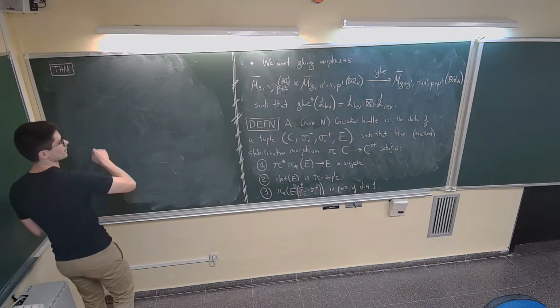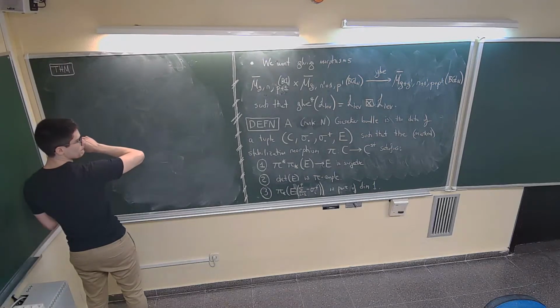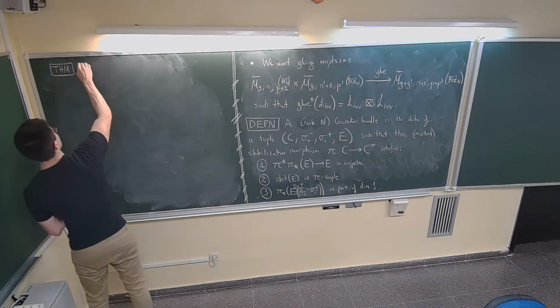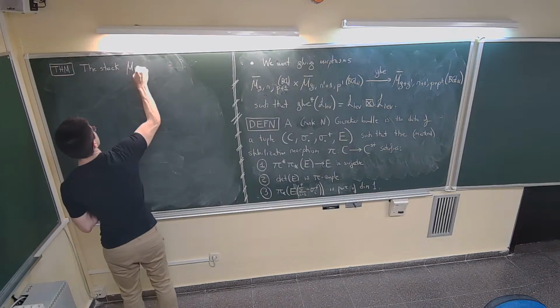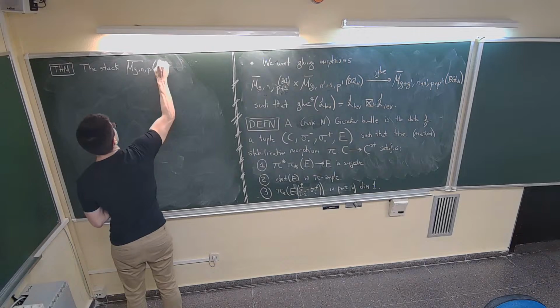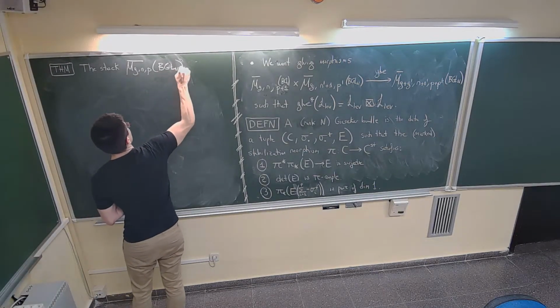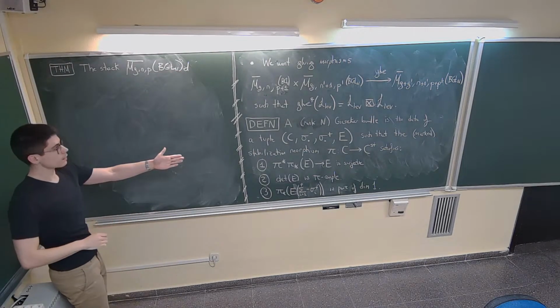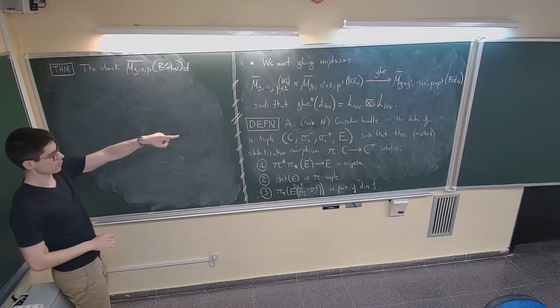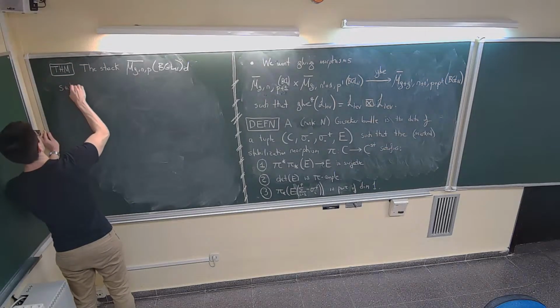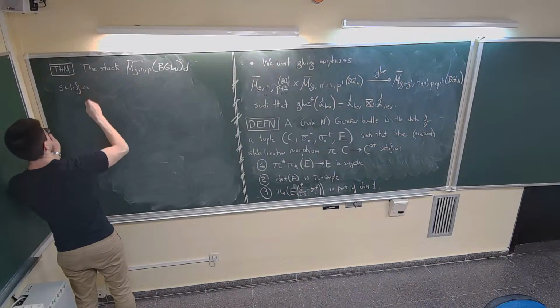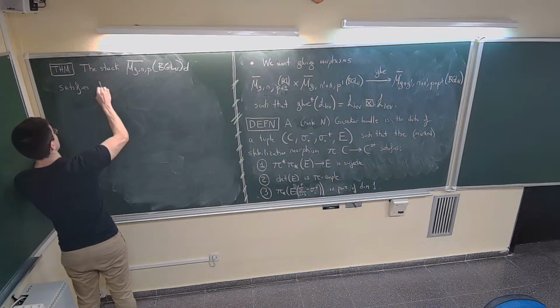But the main theorem is that the stack of Gieseker vector bundles of degree D, so I require that E has degree D, satisfies the two conditions.